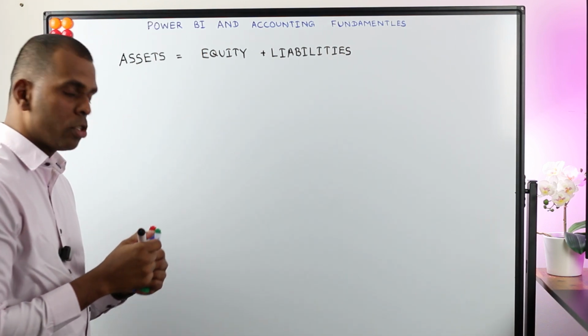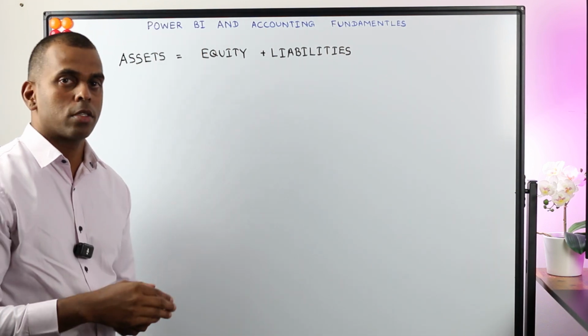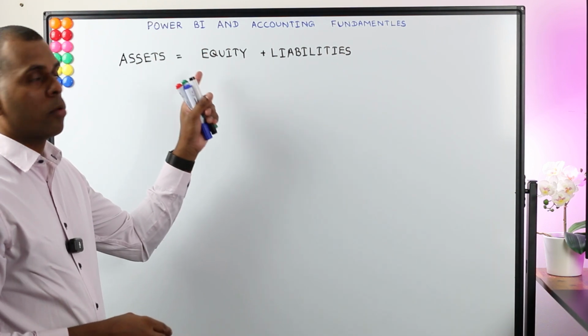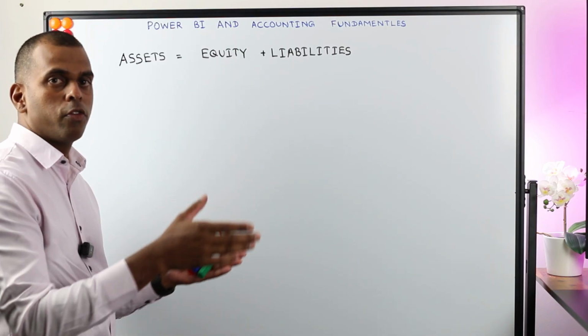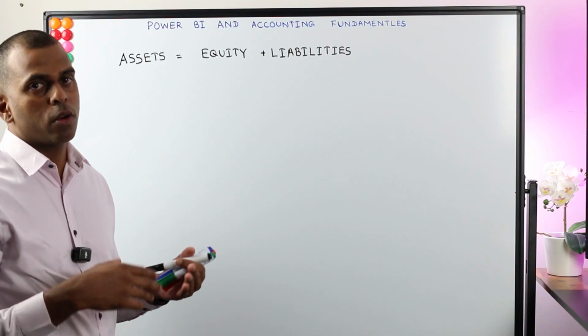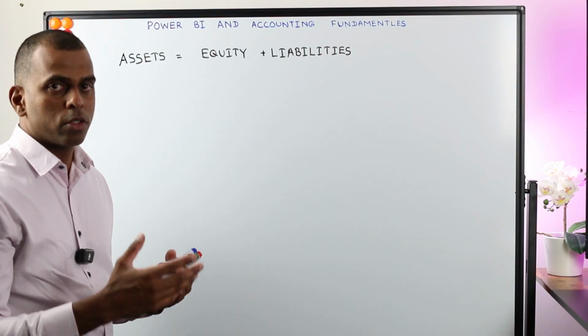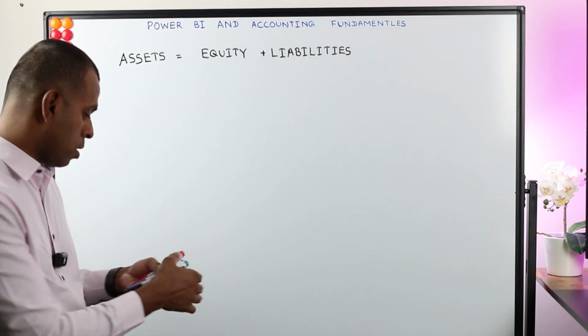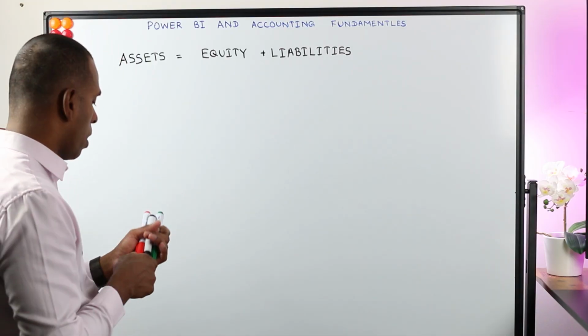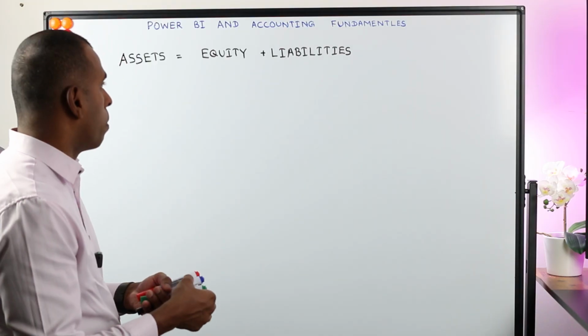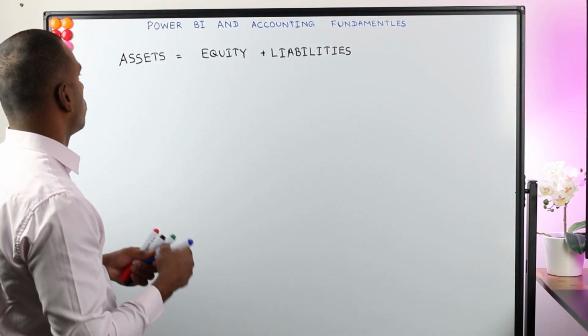Each transaction in a business affects one or a couple of these categories. If you are an accountant or accounting student, you already know what this is. I will explain this one by one, then you can get a basic idea how it works.